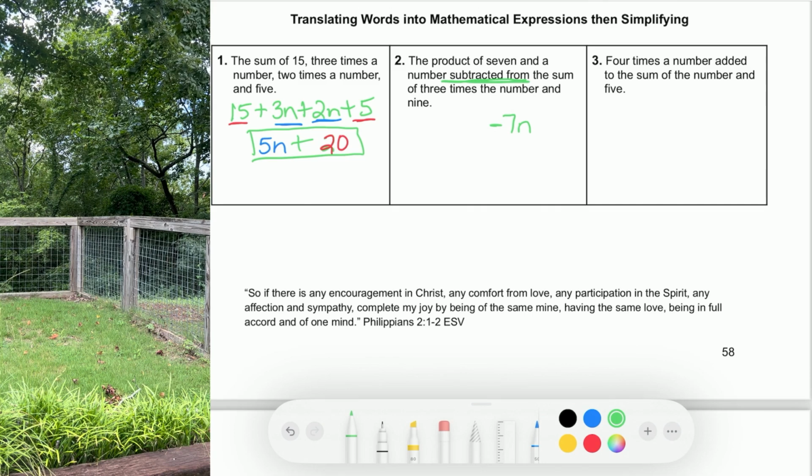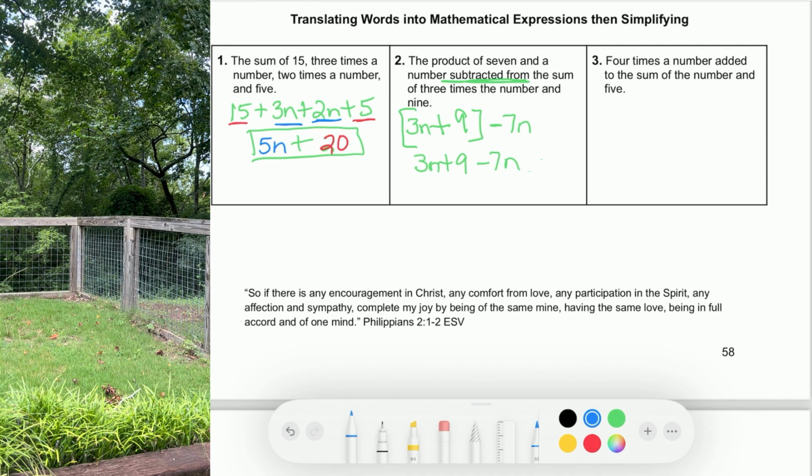And I know it's being subtracted from something. So what is being subtracted from is the sum of 3 times the number and 9. So it's being subtracted from the sum of 3 times the number and 9. All right, so nothing changes what's inside this parentheses, and there's nothing outside of it that's going to change it. So I'm just going to bring that down outside.